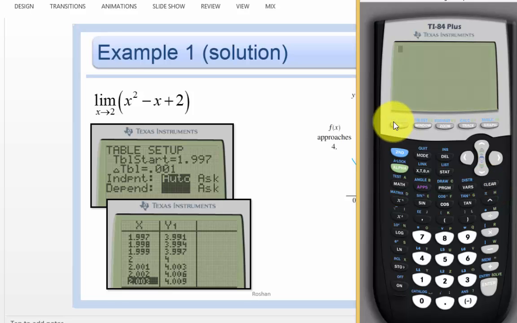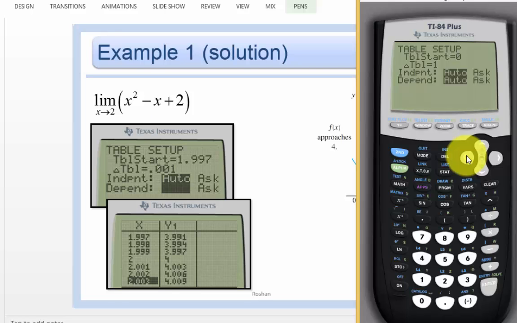So if you put in your y1 this function, x squared minus x plus 2, and then you go to your table set, because we need to set that up first. So second window will bring you to your table set.